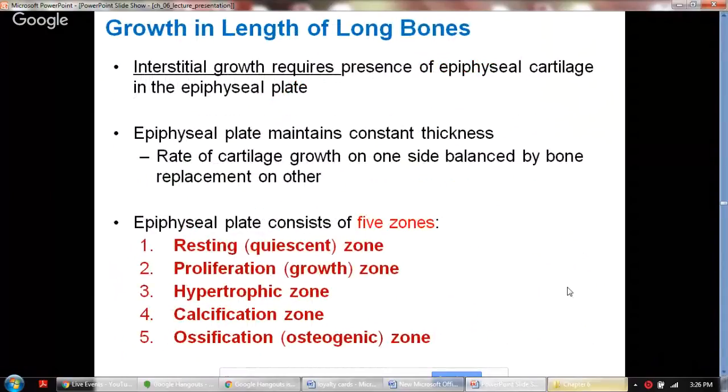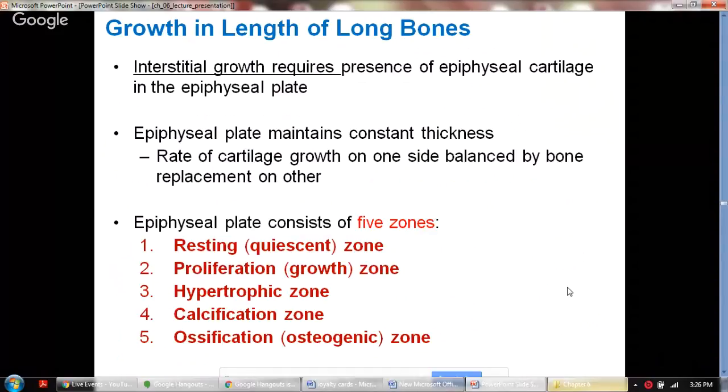Growth in the length of the long bones is important for us to know as well. So the interstitial growth requires the presence of epiphyseal cartilage in the epiphyseal plate. And this epiphyseal plate maintains some constant thickness throughout as it grows.